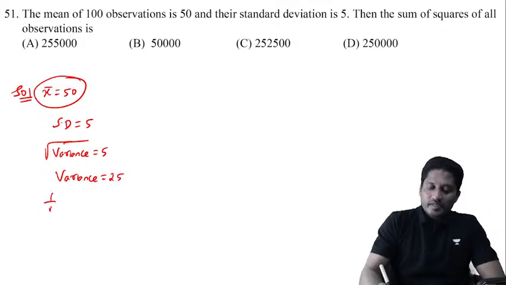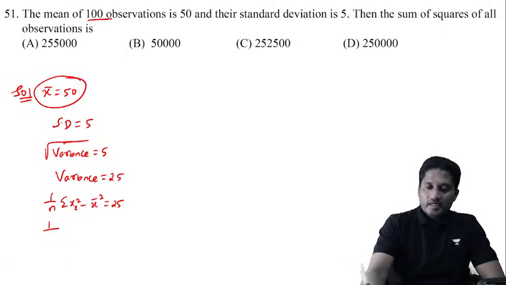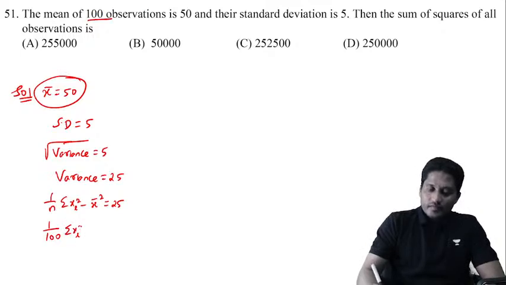Variance is equal to 1 by n summation xi square minus x bar square, equal to 25. For 100 observations, 1 by 100 into summation xi square. Mean is given as 50, so minus 50 square is equal to 25.